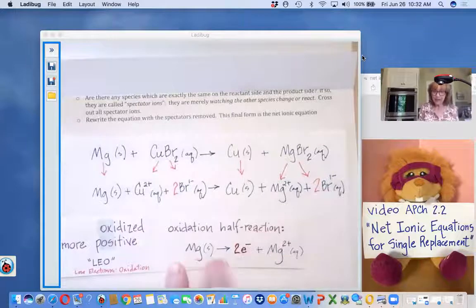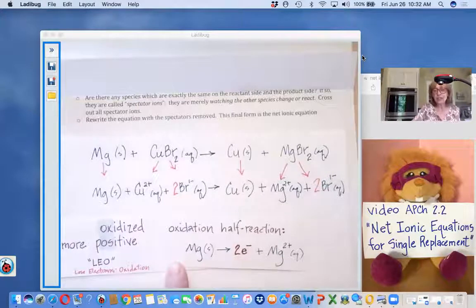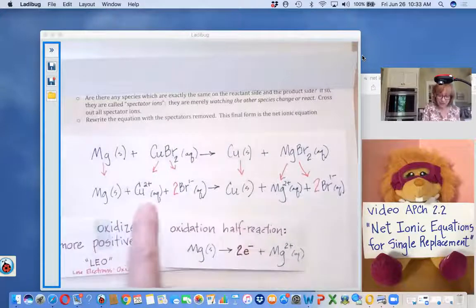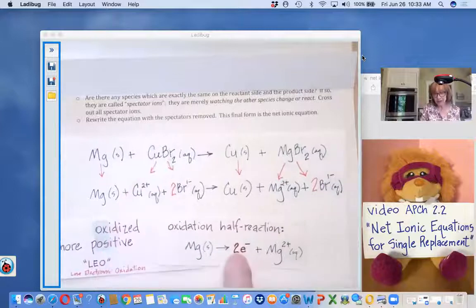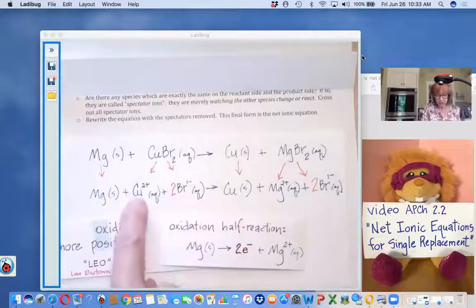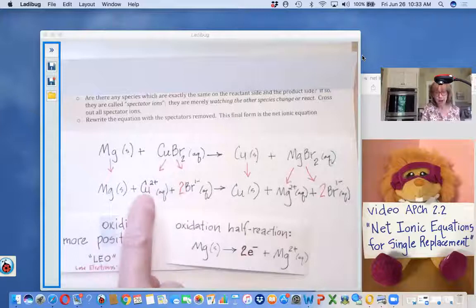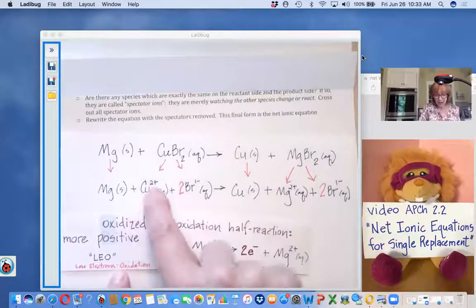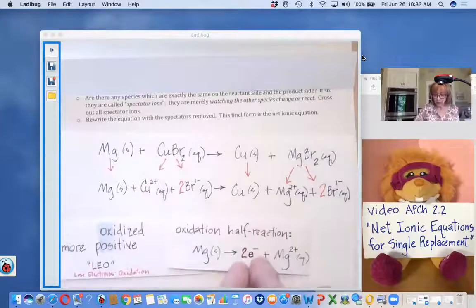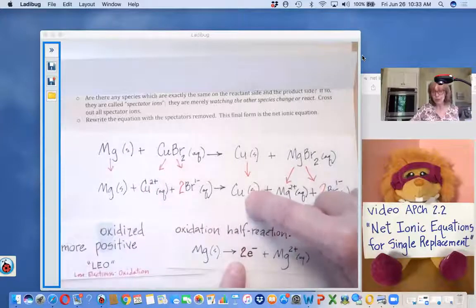When it gave away its electrons, those electrons don't just get to go into the beaker of water. Instead, they have to land on somebody. And these electrons are going to be attracted to this cation. Opposites attract. So these electrons will be snatched up by the copper cations. And when copper cations grab 2 electrons, they turn into neutral copper atoms.